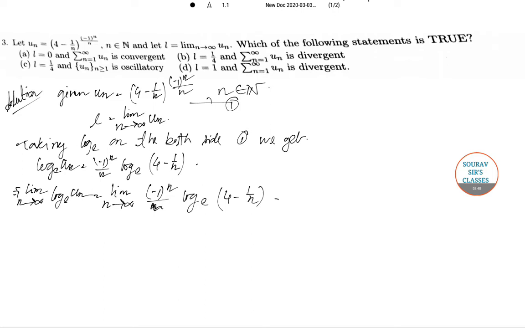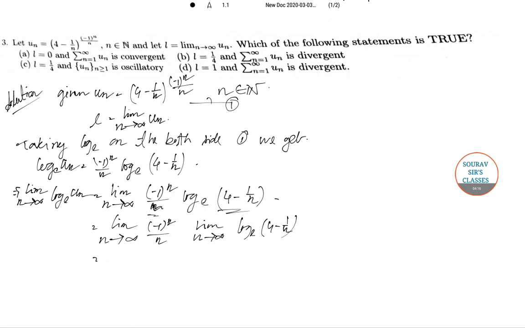Now we know that the limit can be multiplied over these 2 portions, that is limit n tends to infinity of (minus 1) to the power n by n is the one portion, and the other one is limit n tends to infinity of log base e (4 minus 1 by n).